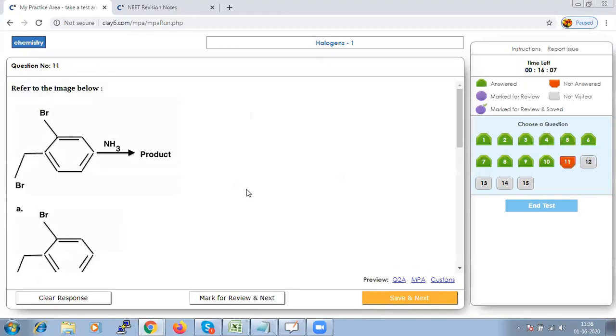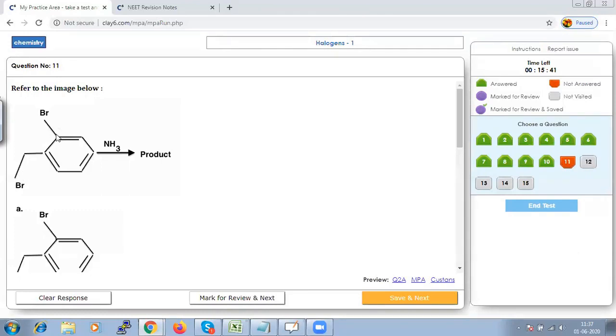Once again, look at the reaction and we have to give the product. When we look at the reaction and think about the product, immediately we have to understand that Br, based on its position, will act as either a good leaving group or a poor leaving group.